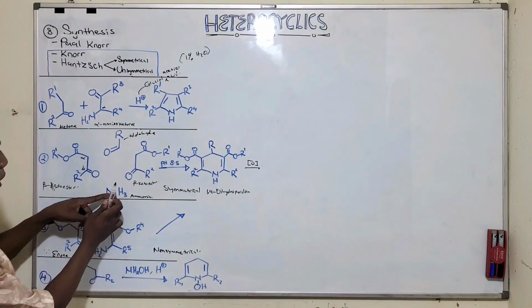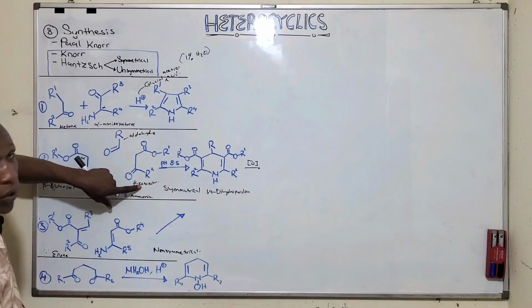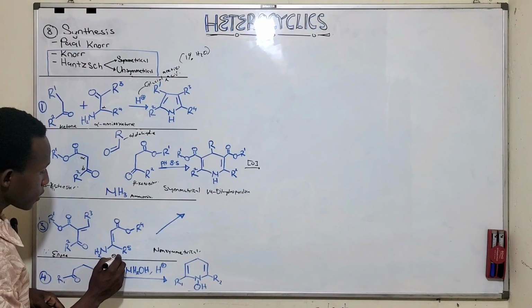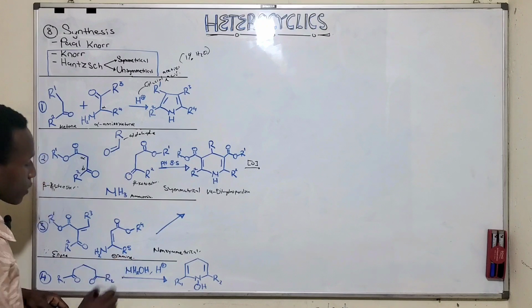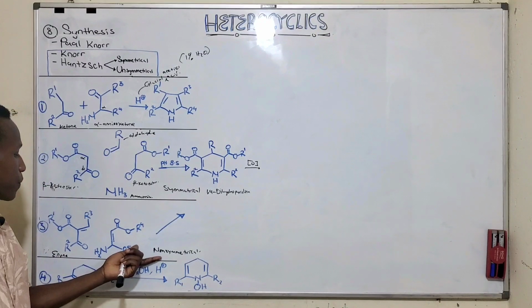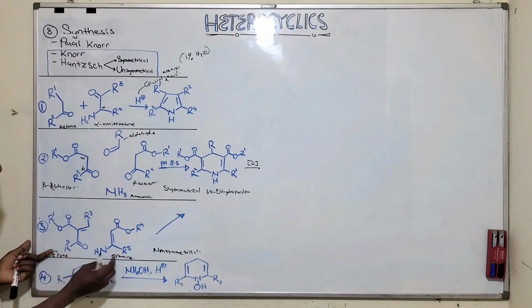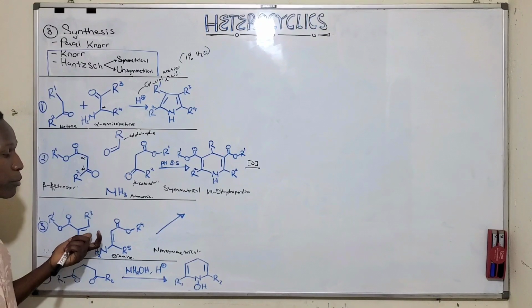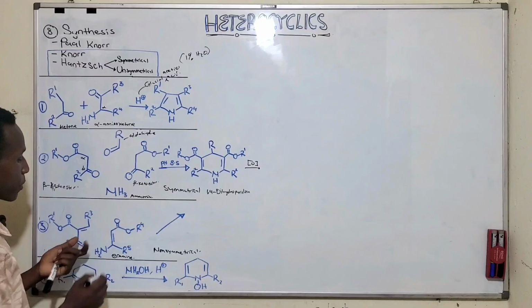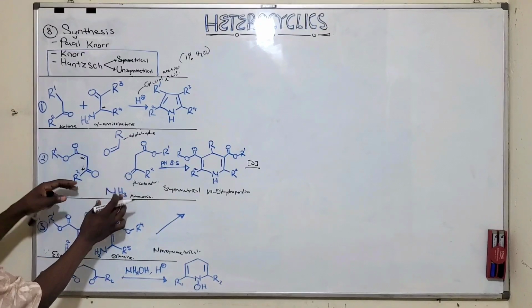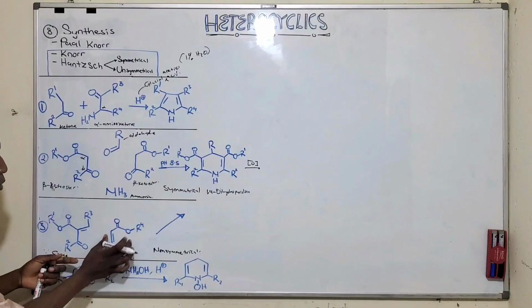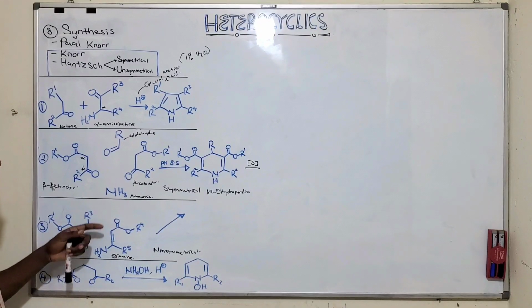And this one, the amine, is already attached to the beta keto ester, also to form an enamine. This is an enamine. So for non-symmetrical, these two starting materials should be pre-formed. They should be prepared before, not like this one where they are all in the same container, then they react. They should be pre-formed independently.